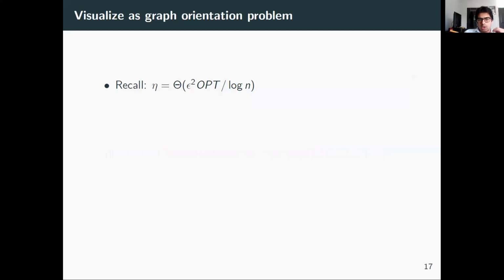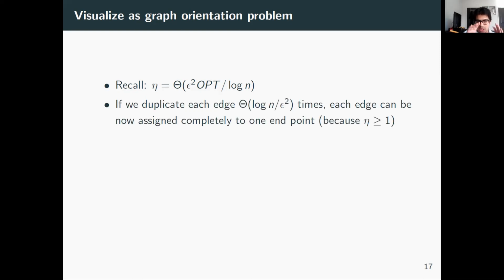Right. So one small change we're going to make now is to try to make the problem easier. Instead of one edge assigning its load partially to both endpoints, we duplicate each edge enough number of times. Note that here enough is log n over epsilon squared times.